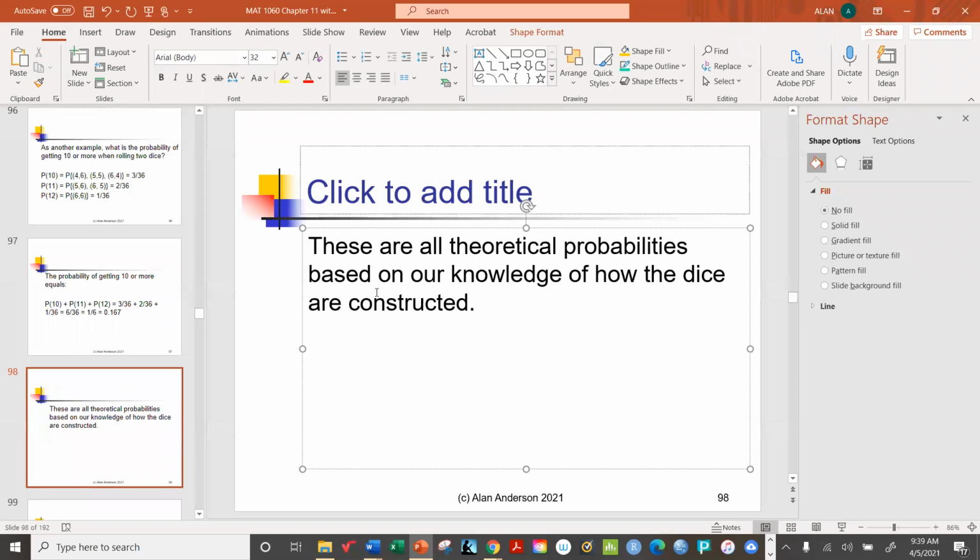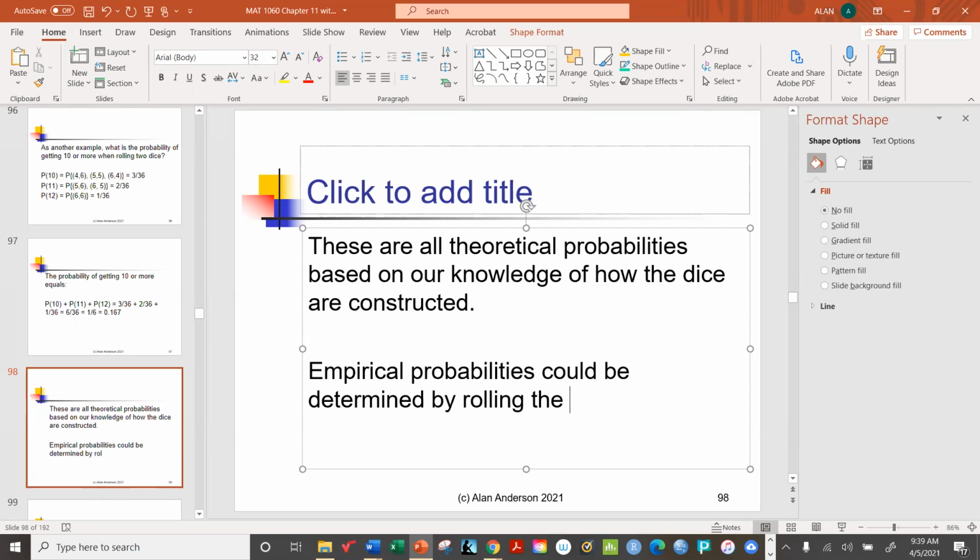Let's say there's some reason why we can't do this. Empirical probabilities could be determined by rolling the dice twice, many, many times, and gathering up information, or summarizing the results.